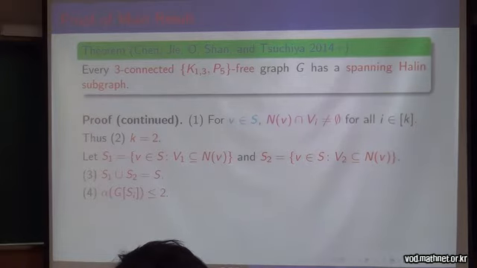And you can think about the graph induced by S sub 1 or S sub 2. This has independence number at most 2, because at most 3, then what happens?